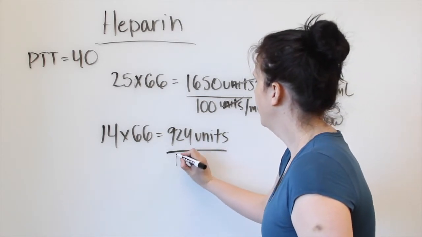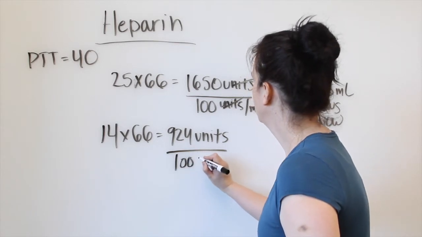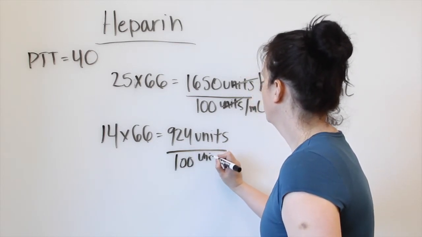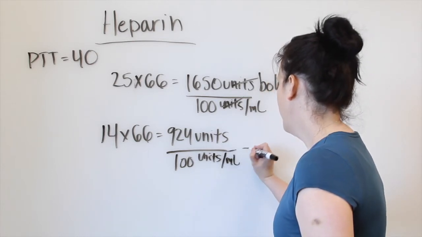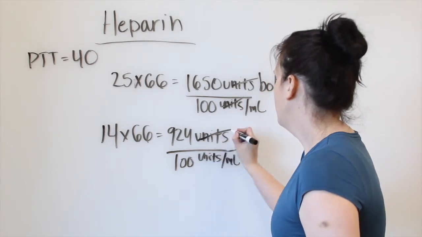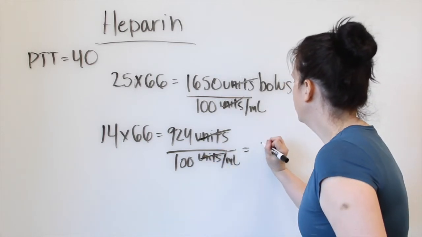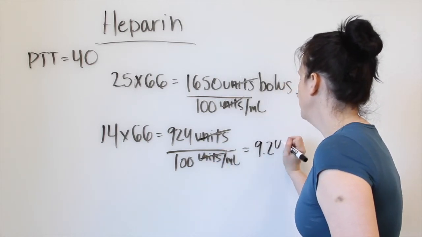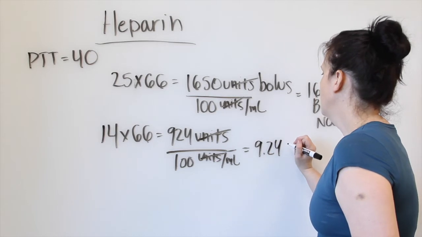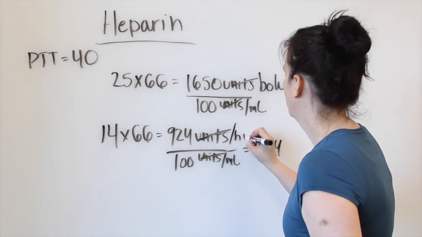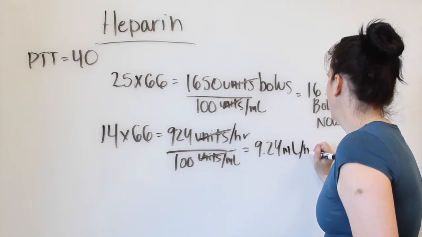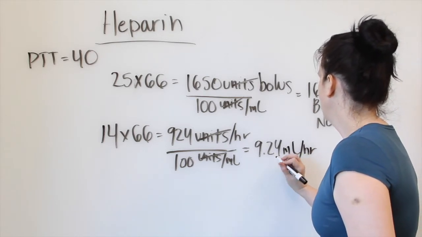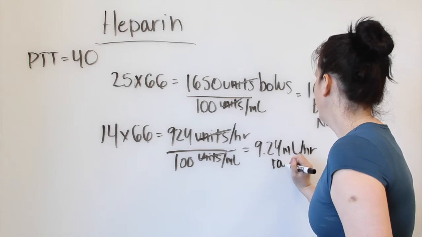We're going to have to divide that by 100 units per ml. Forgive my nasty handwriting. So we're going to get 9.24 milliliters per hour as our hourly rate.